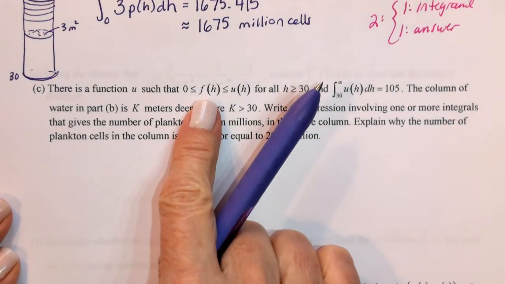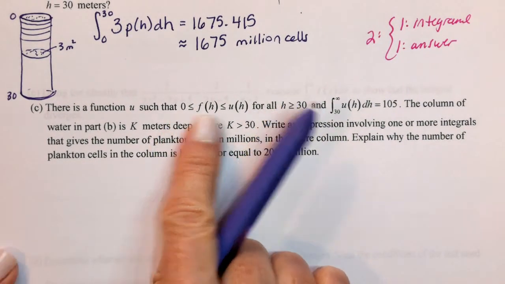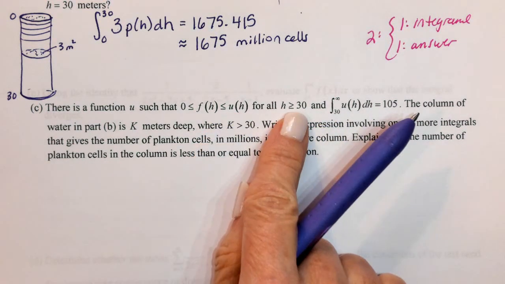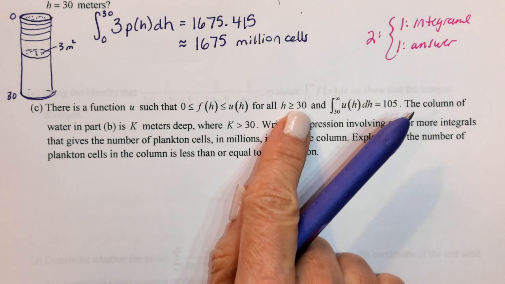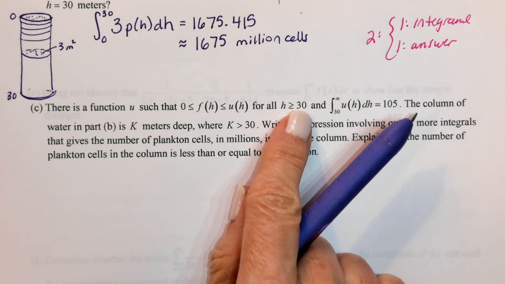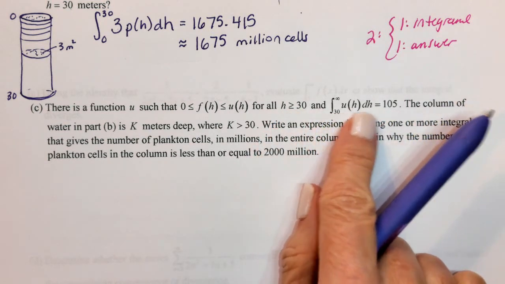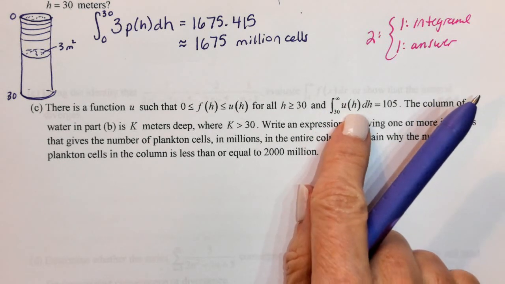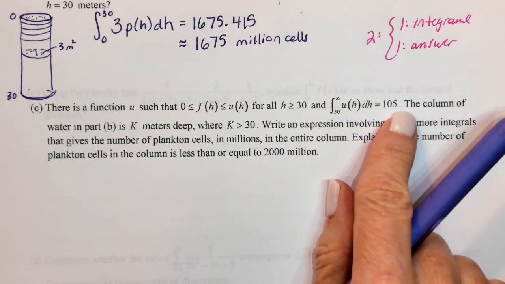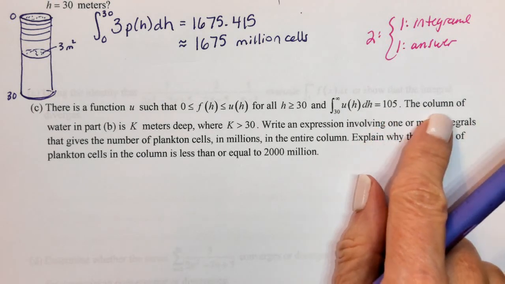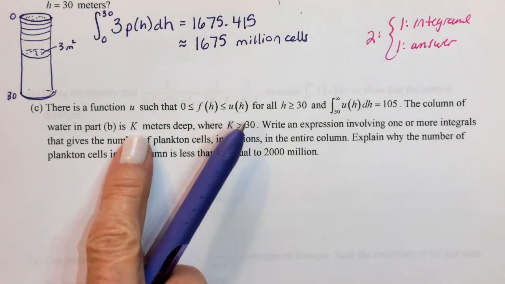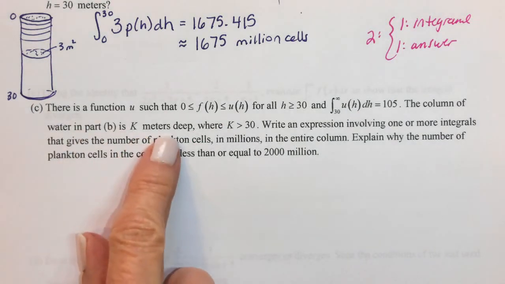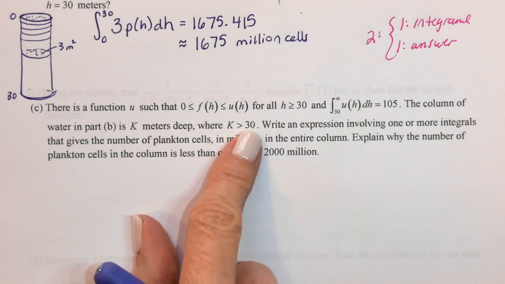So that f is between 0 and u, some other function, for all h greater than 30 meters. And they give us this integral. So the integral from 30 to infinity of u dh is 105. The column of water in part B is now k meters deep. It was 30 meters deep, now it's k meters deep, where k is bigger than 30.